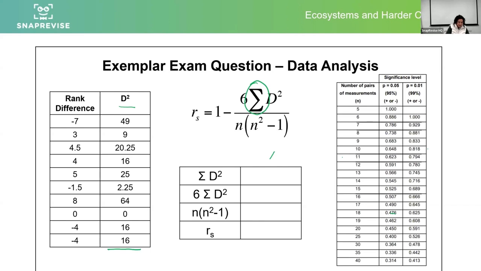Down here, I add up everything together, and I get 217.5.